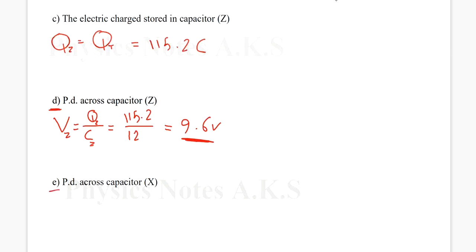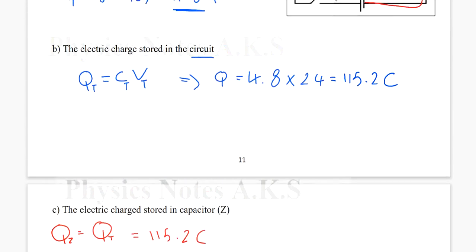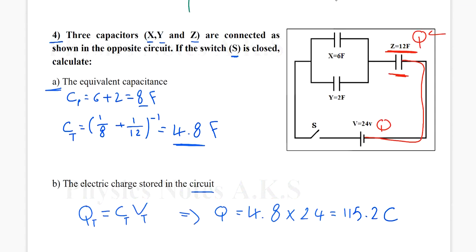Now in part E they want the potential difference across capacitor X. Let's go back to the circuit. They want the voltage here, Vx. Notice here that as I said at the beginning, X and Y are connected in parallel, which means they have the same voltage. Vx and Vy are the same, let me call them V1.